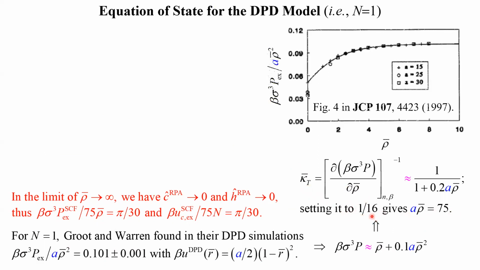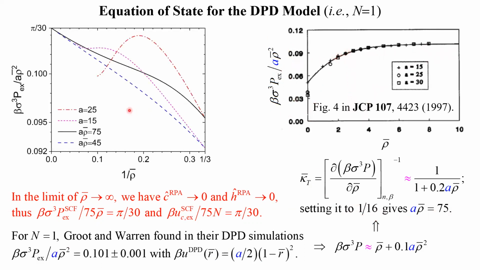But even their own simulation data shows that this quantity does depend on rho bar, as the commonly used value of rho bar equal to 3. Our PRISM PY calculations also clearly show its dependence on both A and the rho bar. Note that here the horizontal axis is 1 over rho bar, so that the SCF result is recovered on the left axis.